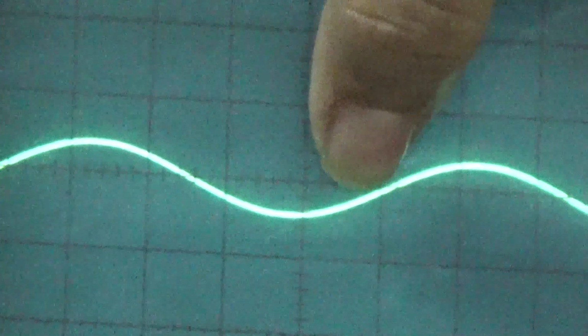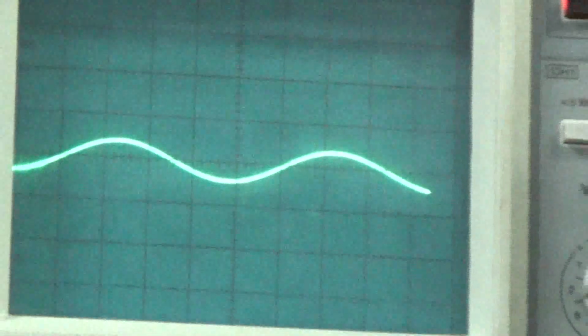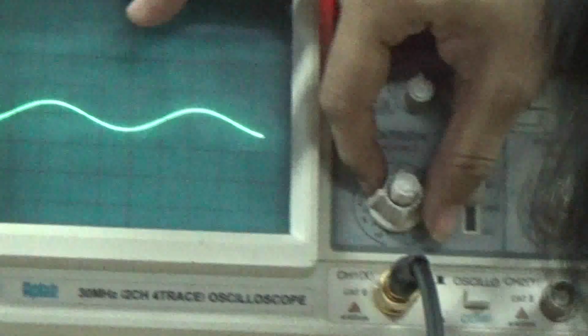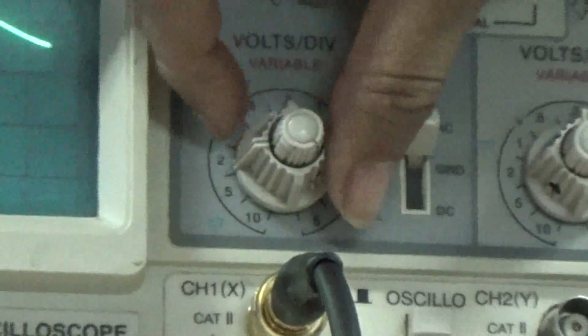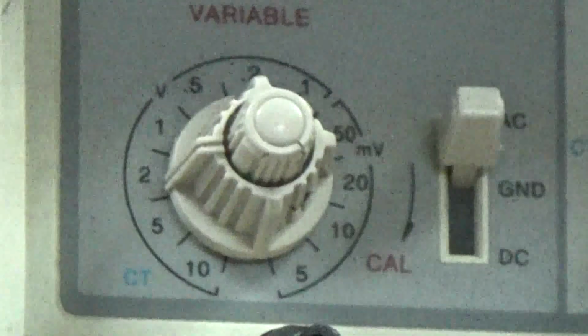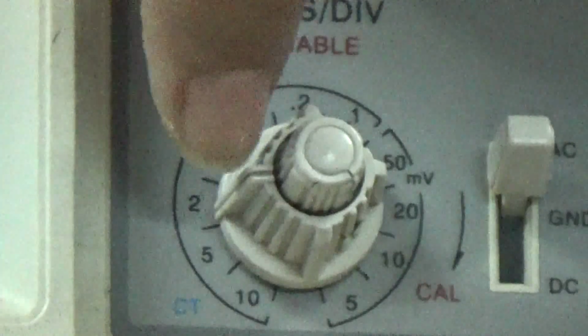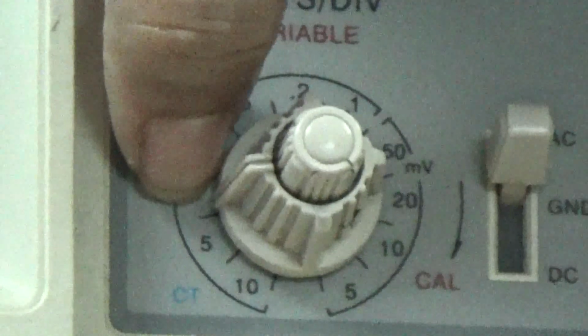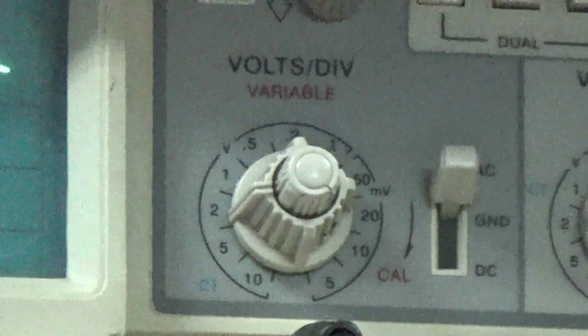So total will be 0.8. So 0.8 into 2, which is indicated over here through the mark. So 1.6 volts is the magnitude of this signal.